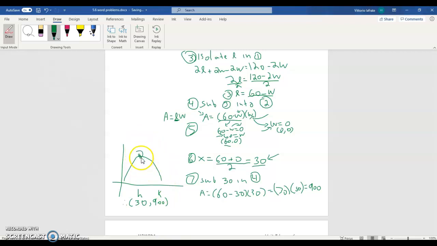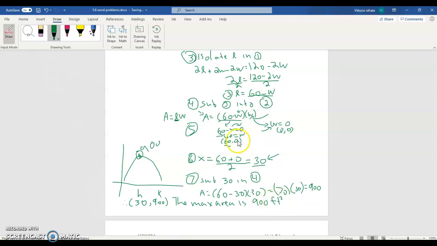But this is our maximum surface area up here, which coincides with that 900 value. Therefore, the max area is 900 square feet.